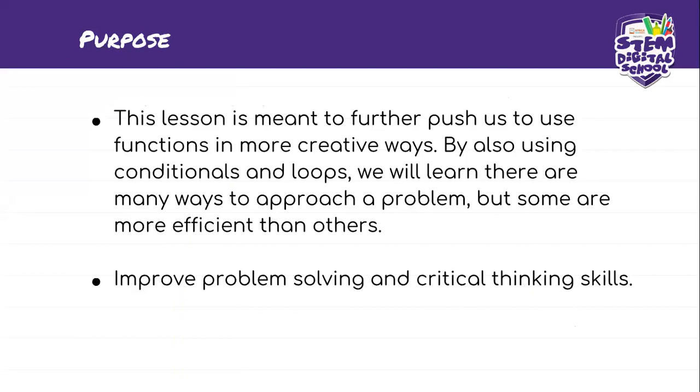Yesterday we started looking at that by designing specific shapes with repeated code. We've got one shape that we put in a function, then we put a line of those in a function. So they do help us quite a lot if we want to repeat the same pattern over and over again. And also to improve our problem solving and critical thinking skills.